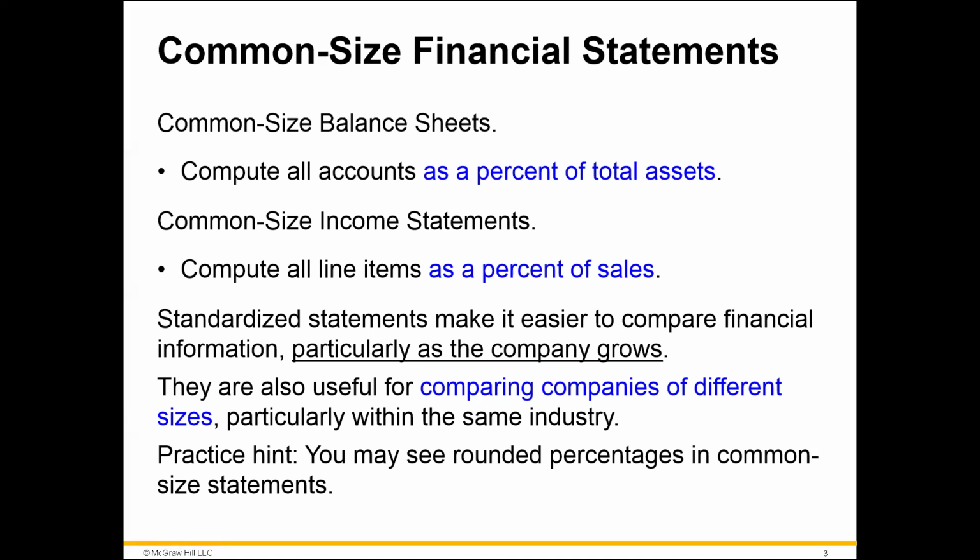For this, compute all accounts of the balance sheet as a percent of the total assets, or the percent of the total liability and percent of the total equity. And for the income statement, just compute all line items as a percent of sales.